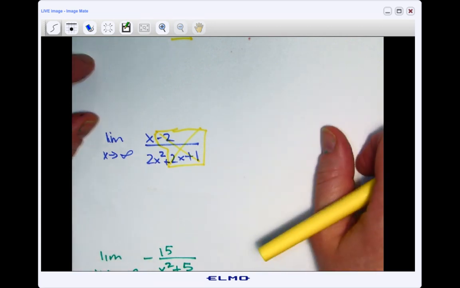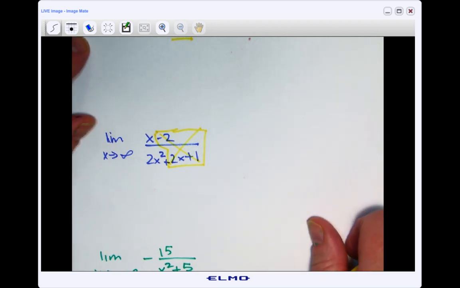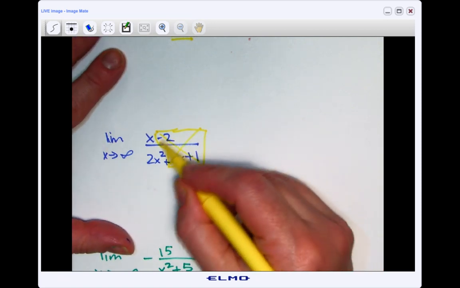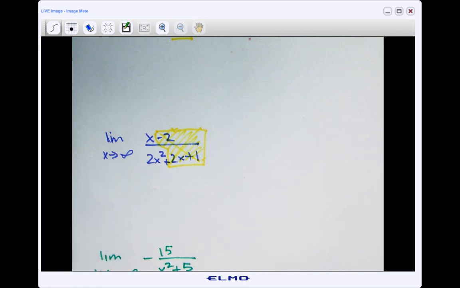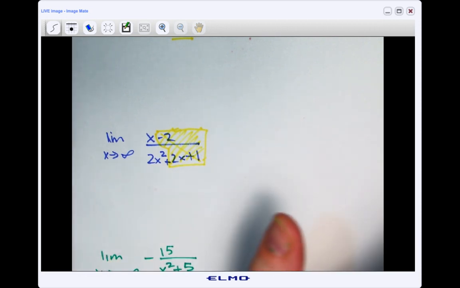Or if you deposited $5, nobody would say, oh, he has $1,000,000,005 in the bank. These numbers don't matter. They're insignificant. They become insignificant as x gets huge, and we're only talking about when x is at infinity. So x is humongous, and 2 times whatever that number is isn't going to matter.